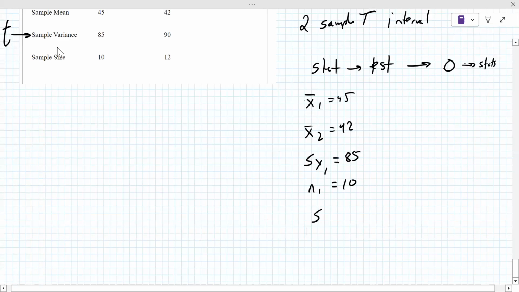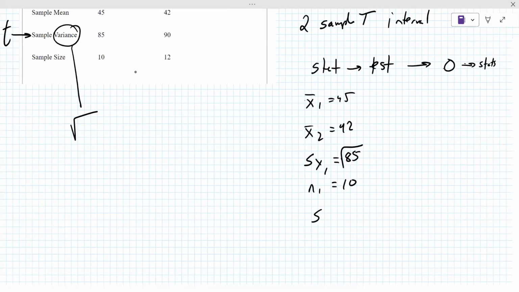SX2, oh, I'm sorry, they're giving you variance here. So you have to take the square root of that 85. If you ever see the word variance, you know that you're going to take a square root. SX2 is the square root of 90. N2 is 12.